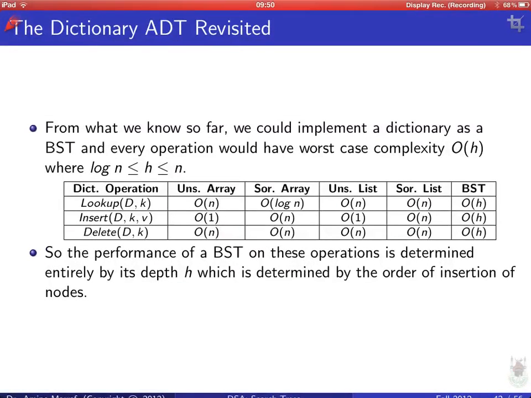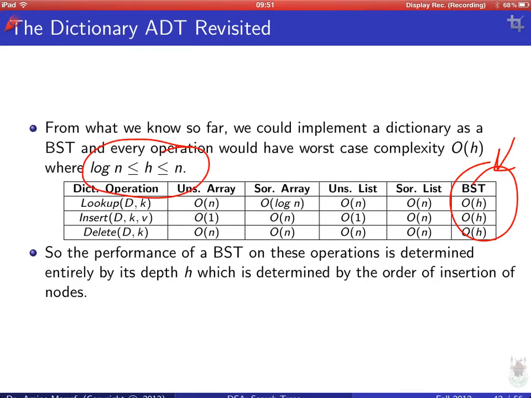Okay, so today we're going to finish this lecture on search trees. A quick refresher: this is a table that we reached last time. We have seen implementations of the dictionary abstract data type using many different data structures, and the most promising that we have found was the binary search tree, which gives us a complexity of big O of h, where h is the depth of the tree, which has values anything from log n to n.